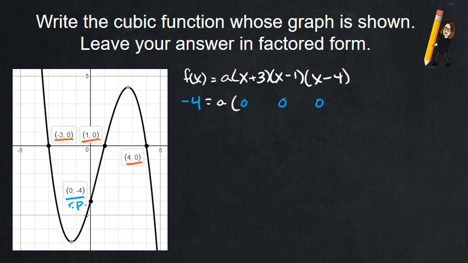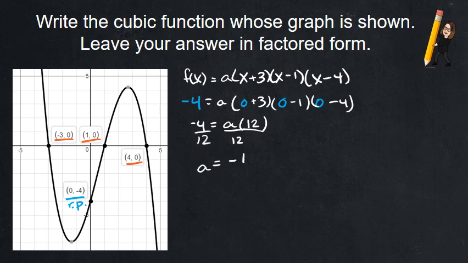My goal is to find out what that a value is. So I'm going to have 3 times -1, which is -3, -3 times -4, which is 12. Divide both sides by 12. That gets me to an a value of -1/3.